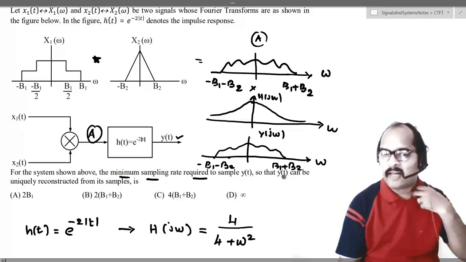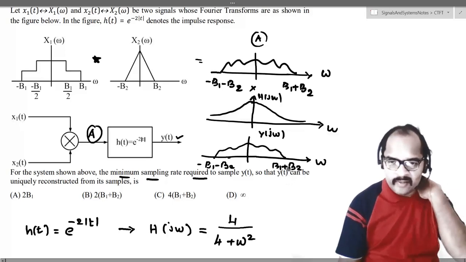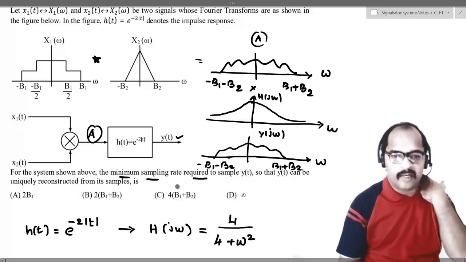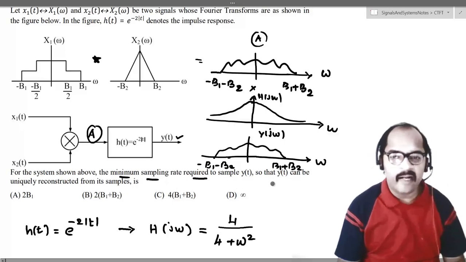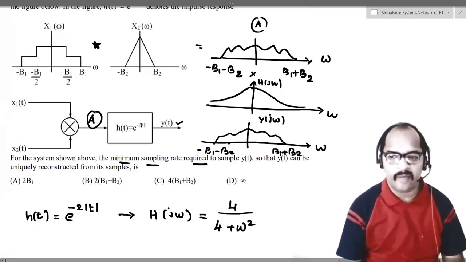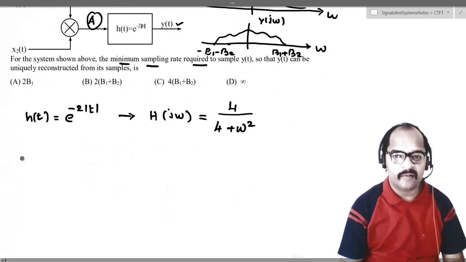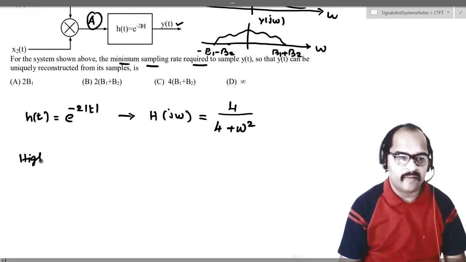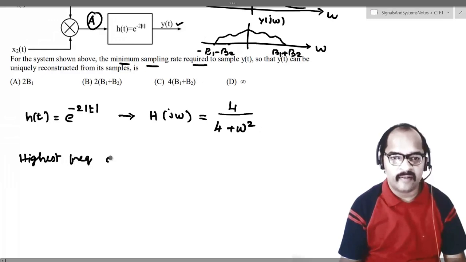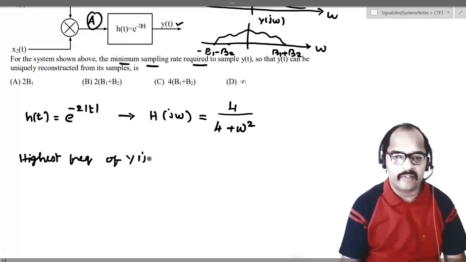So what is the highest frequency here? The highest frequency is b1 plus b2, and hence what will happen to the sampling rate? That should be 2 times b1 plus b2. We'll write that down. The highest frequency of Y of j omega is b1 plus b2, in radians per second.